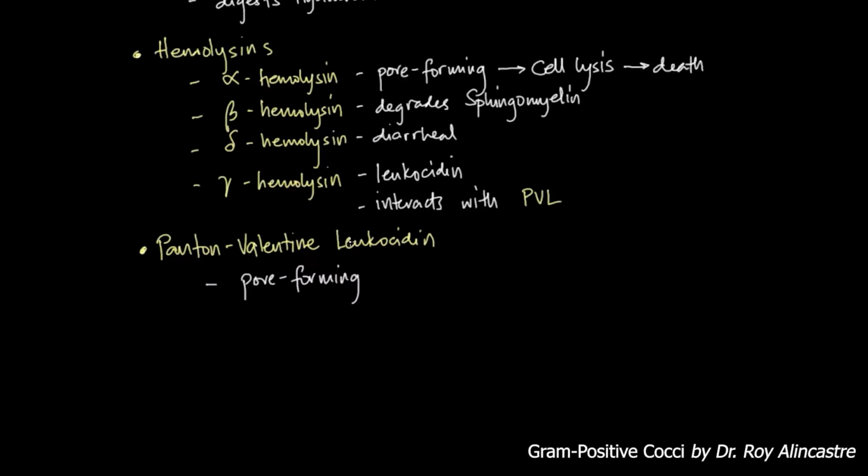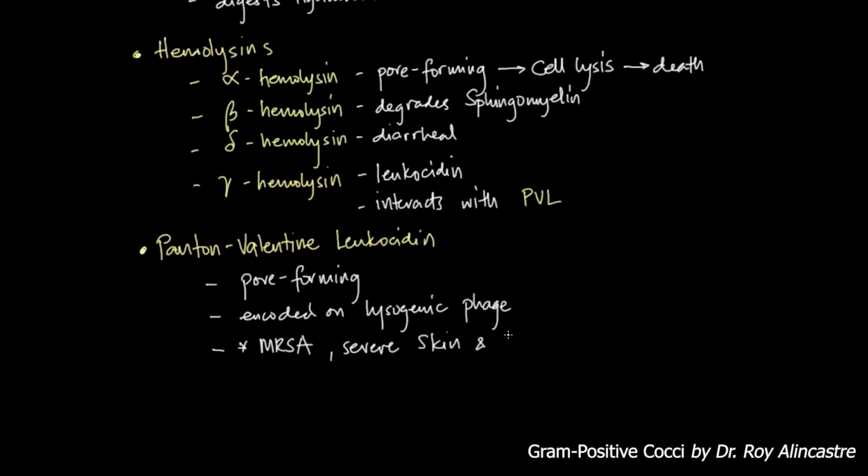It assembles in the cell membrane to form pores, causing cell contents to leak out of the WBC. The PVL gene is encoded on a lysogenic phage. This is also considered an important virulence factor for community-acquired methicillin-resistant Staph aureus infections, or MRSA infections, and severe skin and soft tissue infections.